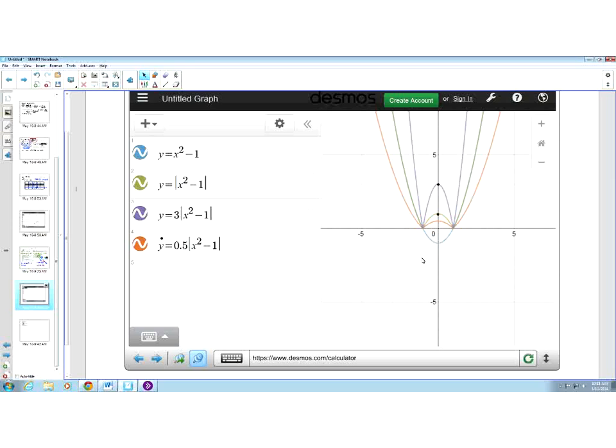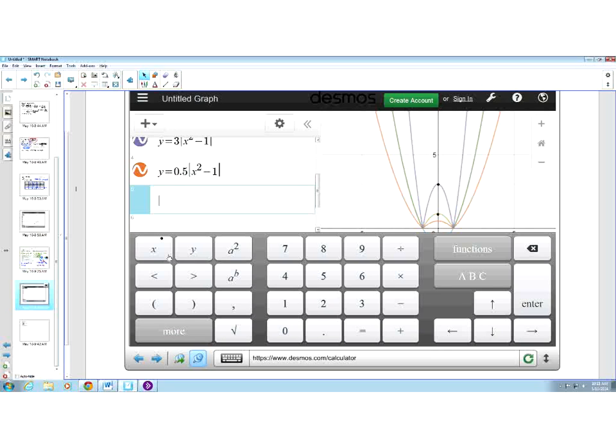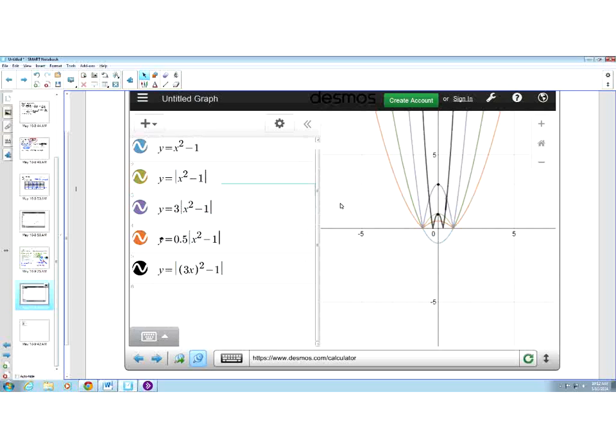Okay, so how about a horizontal stretch? Now things really get interesting with a horizontal stretch for this graph. So y is equal to, say, absolute value of, now this time we'll multiply x by 3, squared, minus 1. Aha! So look what happened here, the black curve.